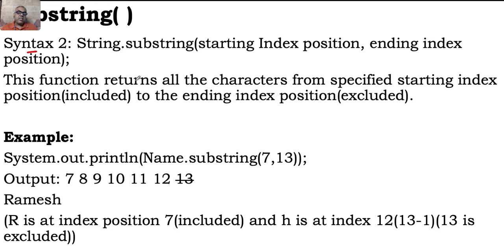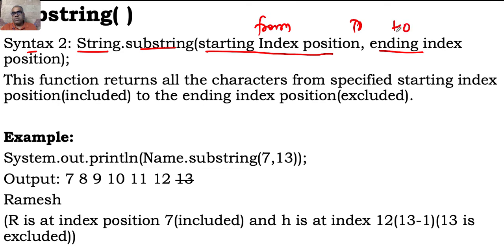I am expecting at least one question in ICSE for this every year. So it says string dot substring, but now you have to define the starting index position and ending index position, from and to.